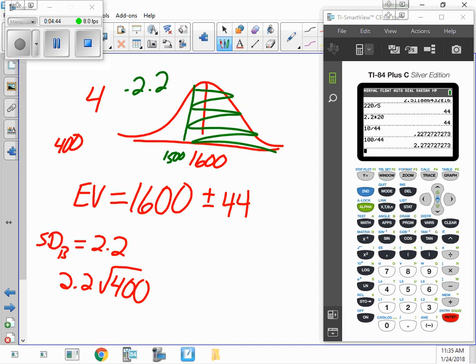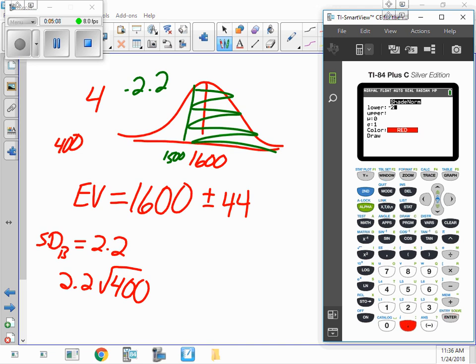If you shaded... Yeah. But if you shaded the wrong direction, you're going to get the wrong number. Oh, you did? You just flipped the whole thing around? That's fine. Okay, clear my draws. Go into my distribution, shade norm, lower bound, negative 2.2, upper bound, 5, comma 0, comma 1.